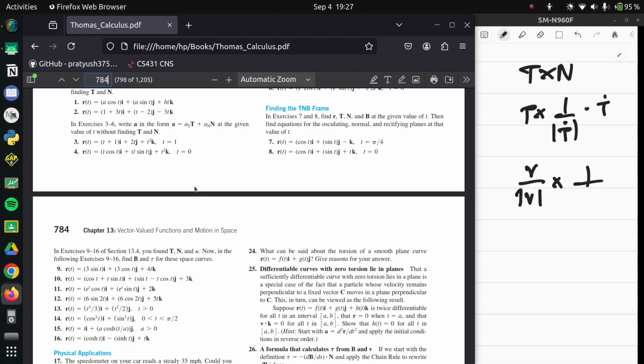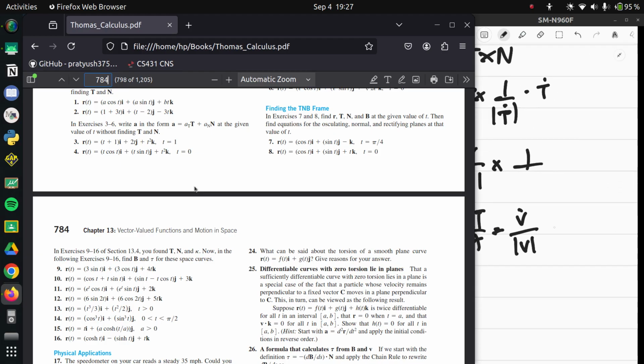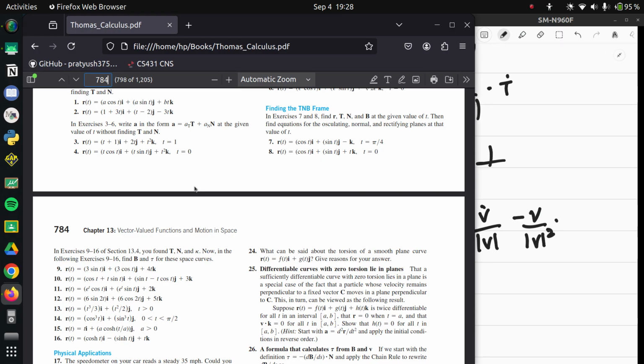This is really bad. So dt upon dt, that's just going to be v dot upon magnitude of v, right? And then minus the velocity vector upon magnitude of v square, and that's the d magnitude of v by dt thing, which is just the tangential acceleration.